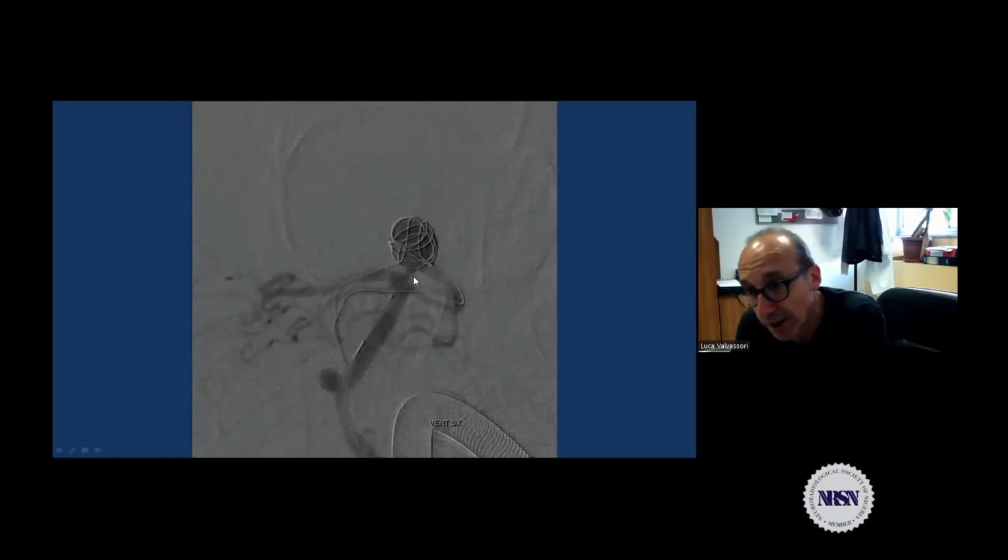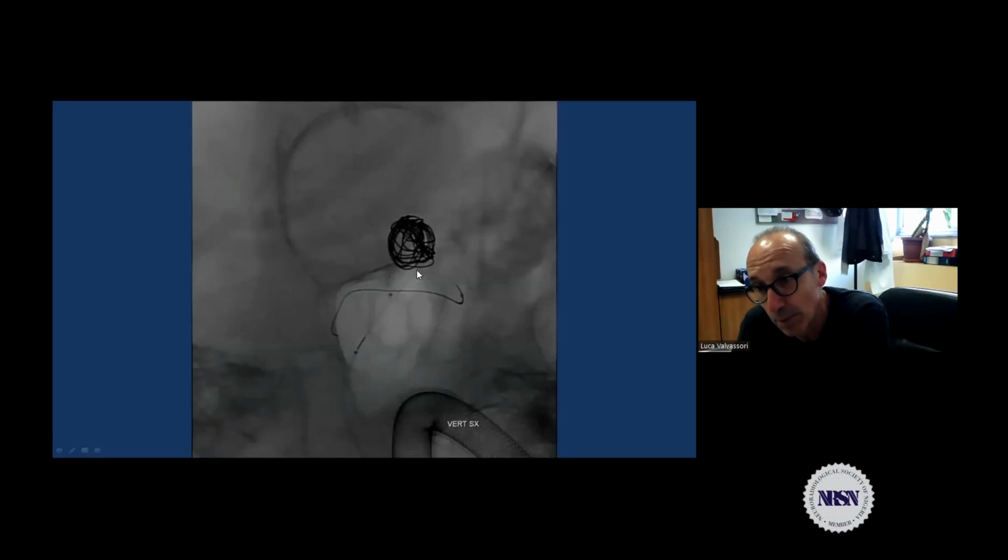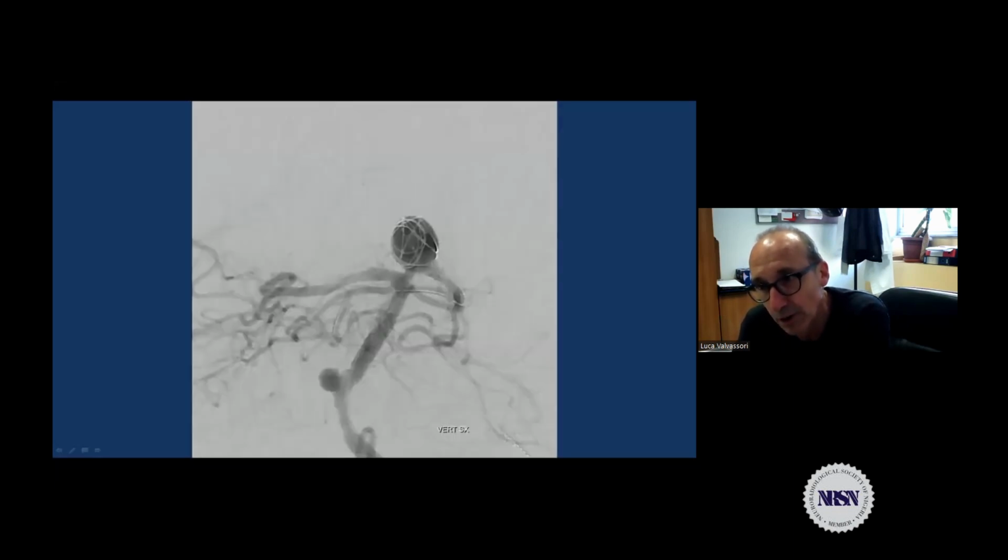What can we do here? We place a first coil, but you see it prolapses in the parent vessel, and we don't want to occlude this artery. So again, we place a balloon, and while we inflate the balloon, we deploy coils.